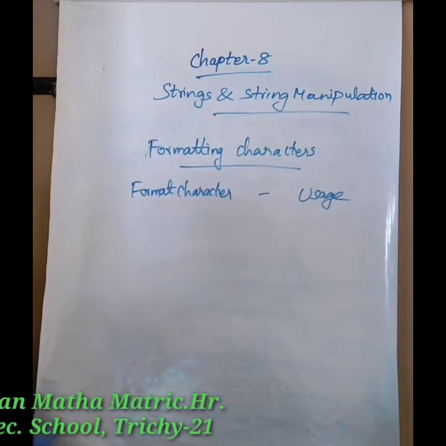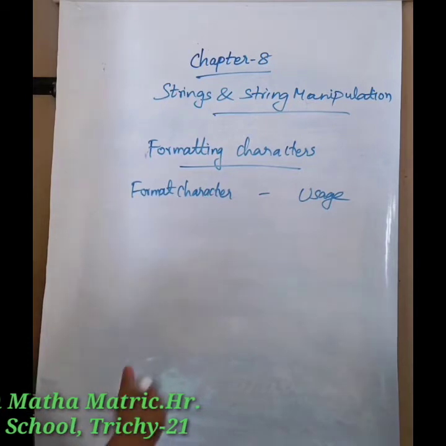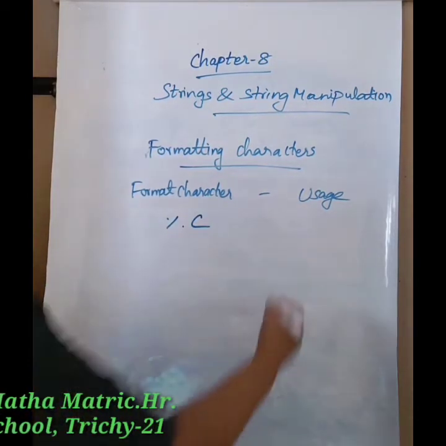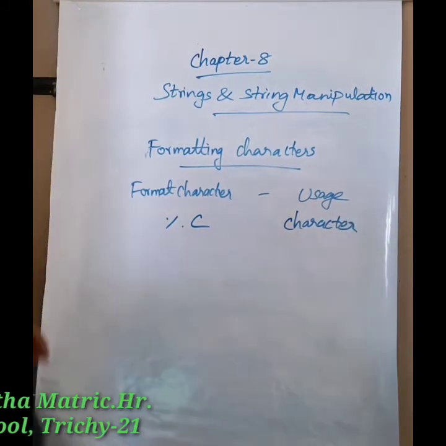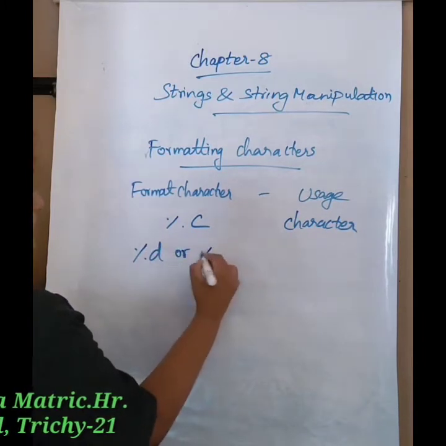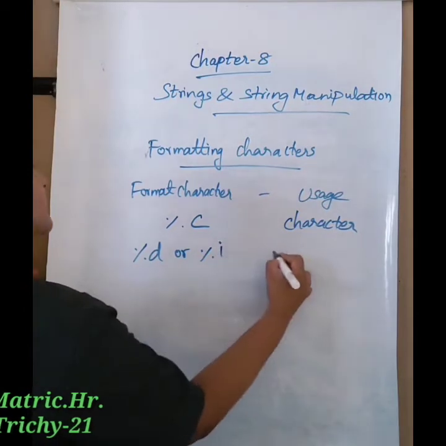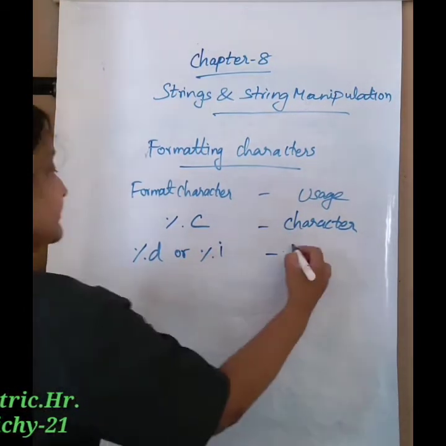Now let us see some formatting characters and their usage. The first one is %c. It is used for character. And next %d or %i, it is used for signed decimal integer.